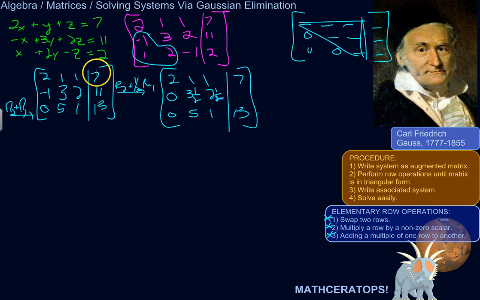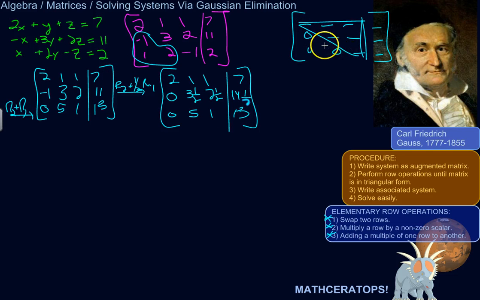And half of 7 is 3.5 plus 11 is 14.5. Actually, I'm going to pause and check my work at this point. All right, I think we're okay so far. And it's nice to indicate the work you've done so you can kind of check your process. Okay, so these two are 0 so far.